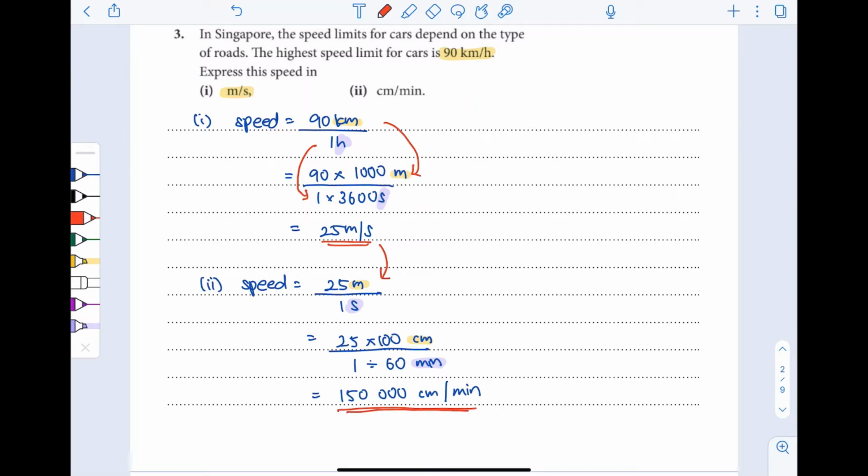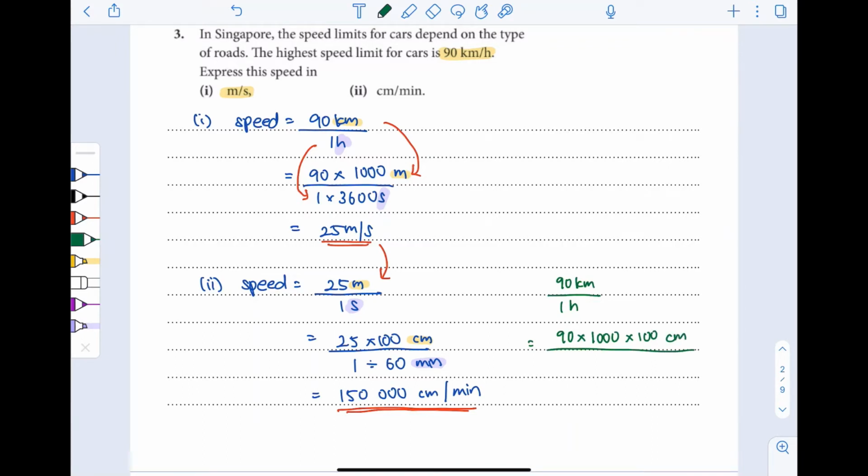Of course, as I mentioned earlier, instead of using 25 meters per second, you could use 90 kilometers per hour and do the conversion into cm per minute. If you were to do that, 90 kilometers to centimeters will be to multiply by 1000 to convert into meters, followed by another 100 to convert into cm.